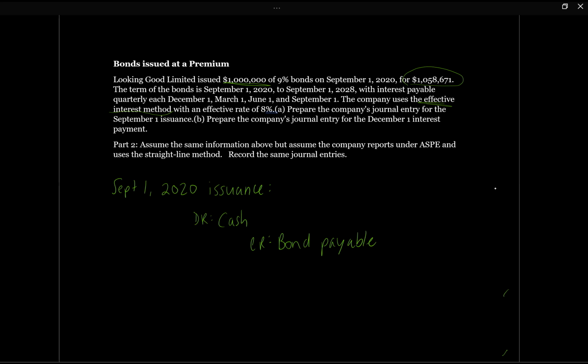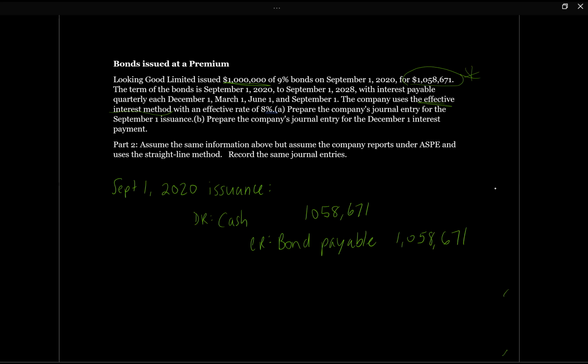So what cash are they going to receive here? Is it going to be the million, or is it going to be the $1,058,671? Well, the cash that's going to change hands is going to be the present value of the bonds. And in this case, we're told what the present value is because we're told what the cash is that exchanged hands. And that is $1,058,671. So that is the amount that the company received for the bonds.